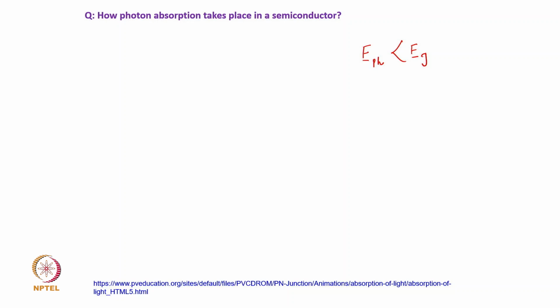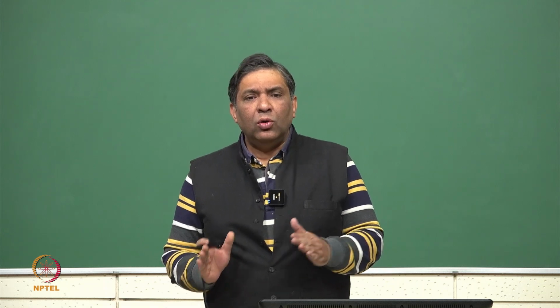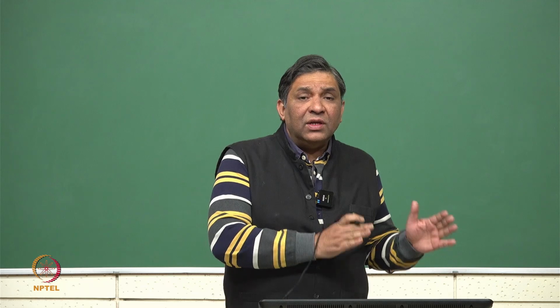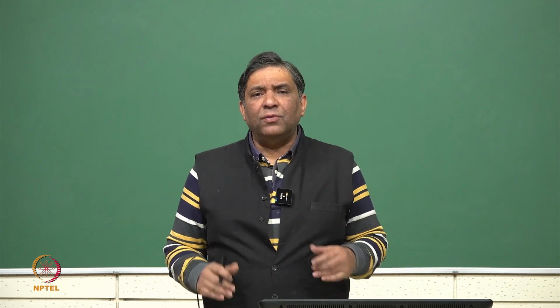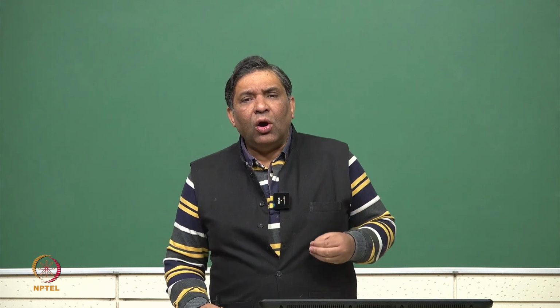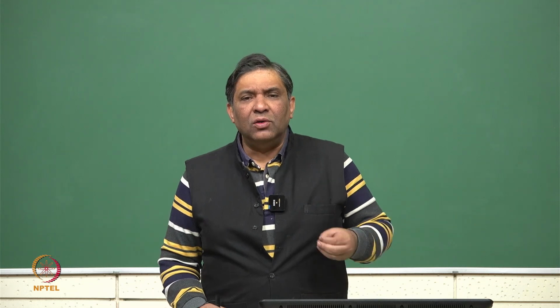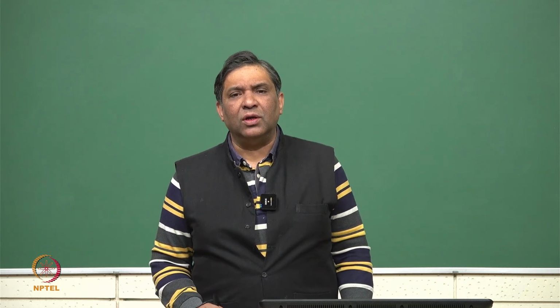It will basically transmit through the semiconductor. So, the photons of the solar spectrum whose energy is less than the band gap of, say, silicon, will all be transmitted through silicon or any other semiconductor.